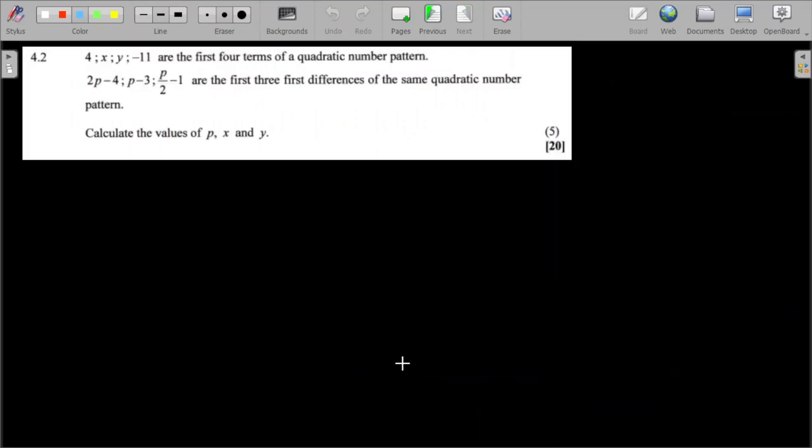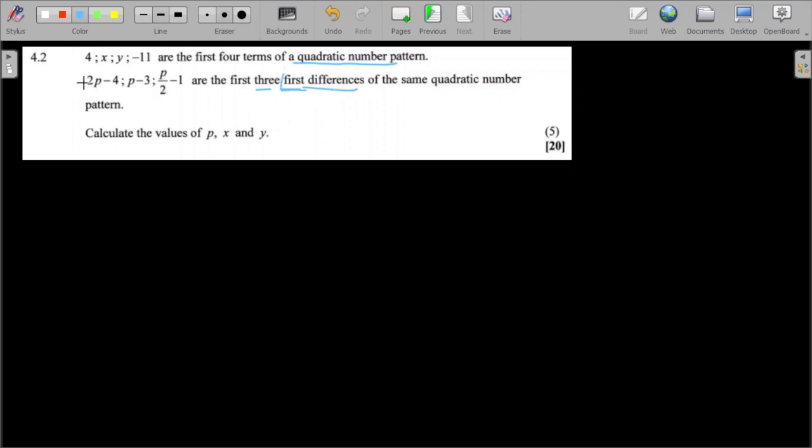Now going to this last part of question 4, they're saying this pattern, where it's 4, x, y and negative 11, are the first four terms of the quadratic number pattern. And this one that they gave me here is the first three differences of the same quadratic.